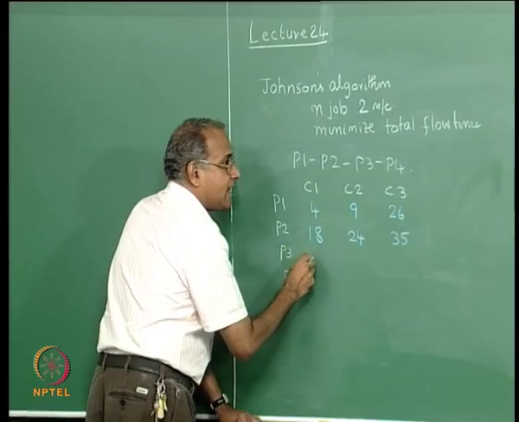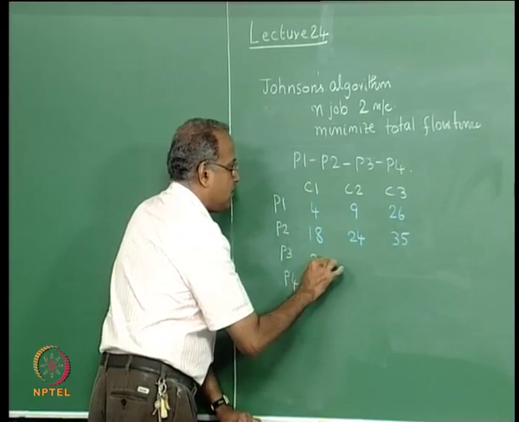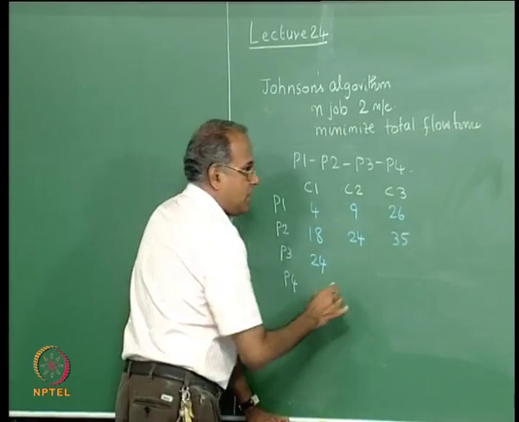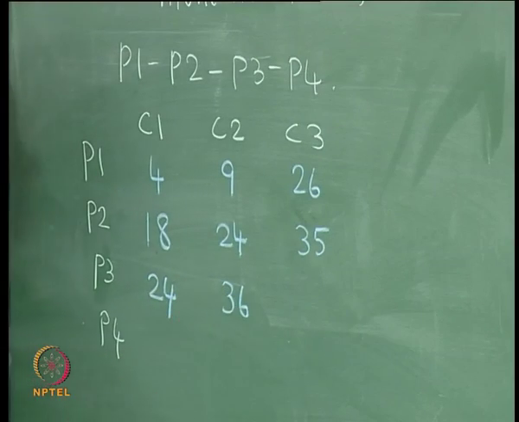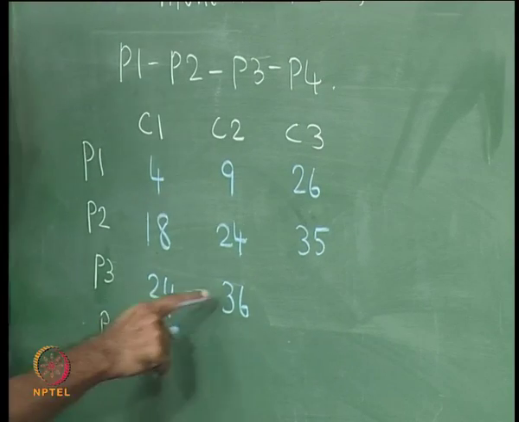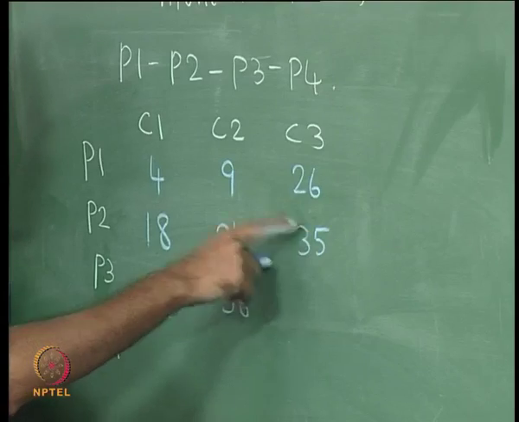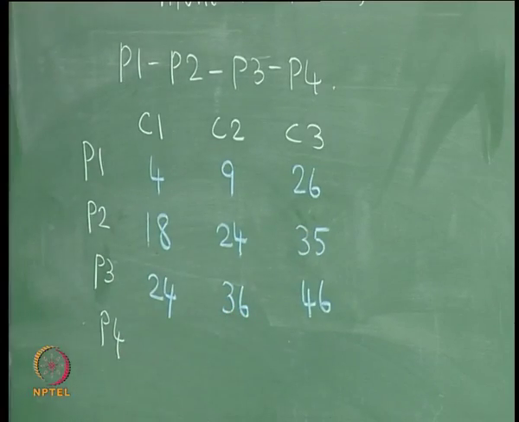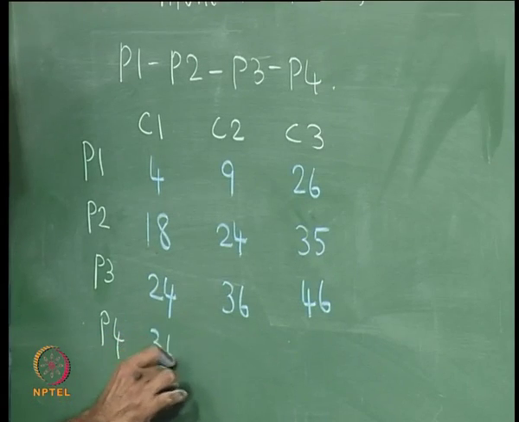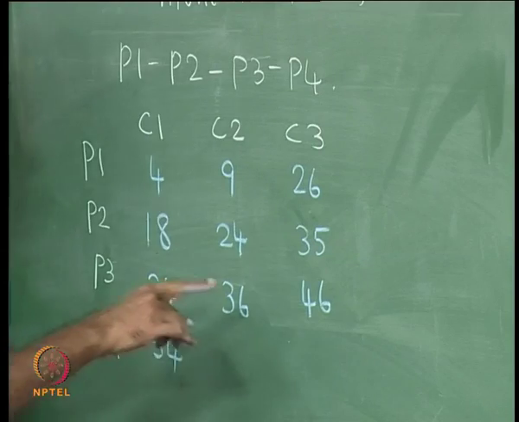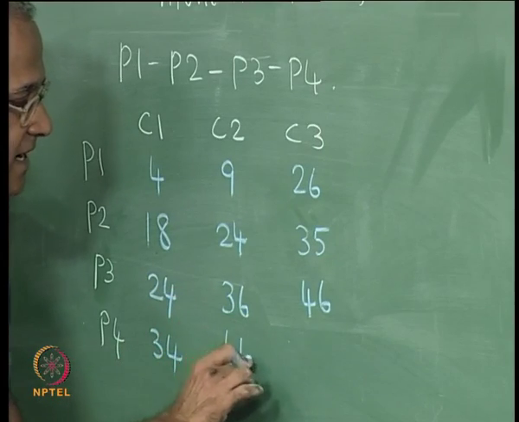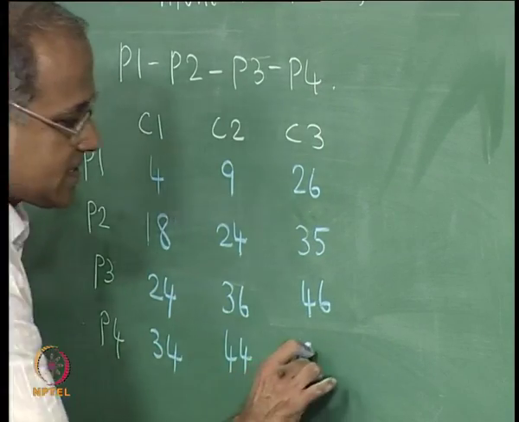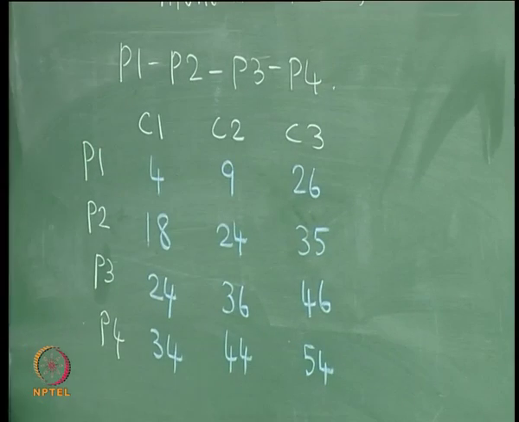P3 will start at 18, finish at 24, it is free at 24, 24 plus 12 36. So, this is free at 35, but it can still do at 36, 36 plus 10 46. Fourth one 24 plus 10 34, machine is free at 36, 36 plus 8 44, 46 plus 8 54.